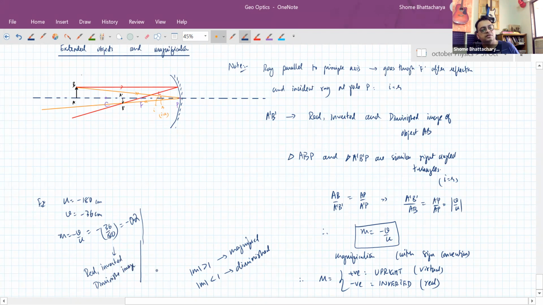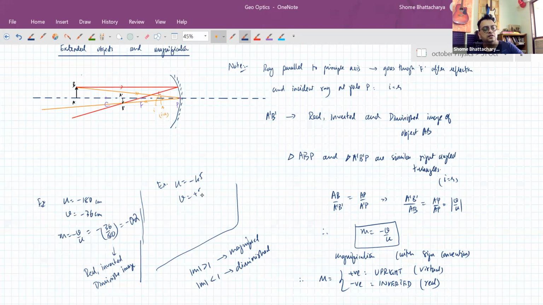But for example, if we have another situation where u was minus 45 and our v came out to be minus 90, because R was minus 60. Here also in this example, R was minus 60. Then our magnification here comes out to be minus 2.